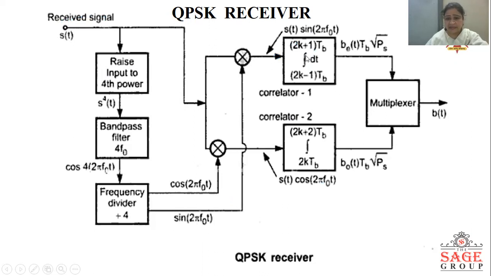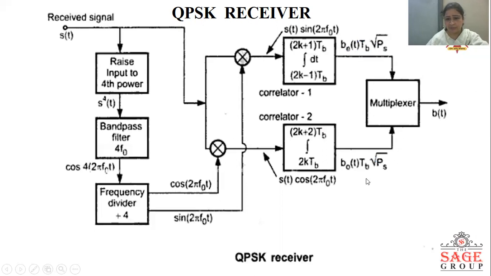So each integrator integrates the input for 2-bit periods. The upper integrator integrates for odd bits, from (2k minus 1) Tb to (2k plus 1) Tb, whereas the lower integrator sums up the incoming signal from 2k Tb to (2k plus 2) Tb. The outputs generated will be b_e(t) Tb into root Ps and b_o(t) Tb into root Ps. The derivation of this output we will discuss in the successive slides.